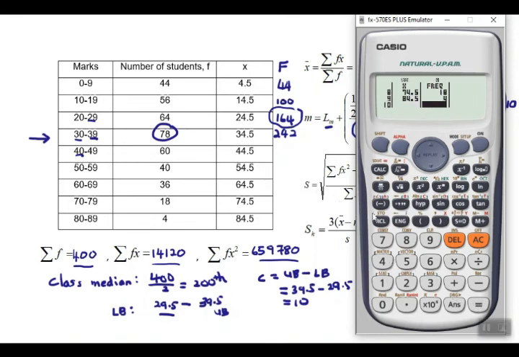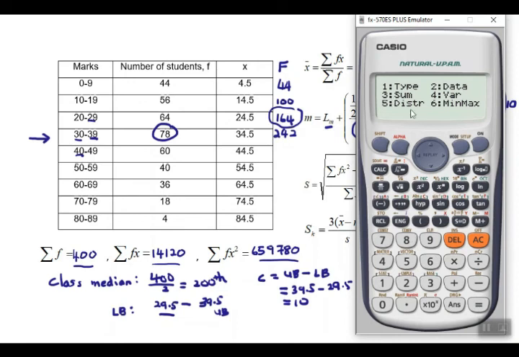After finishing the data entry process, press AC to clear. Go to Shift 1. We are going to check the total number of students that we have already entered. Go to 4. Press 1 for n. Press equals, it is 400. Next, the sum of fx. Go to Shift 1 again.